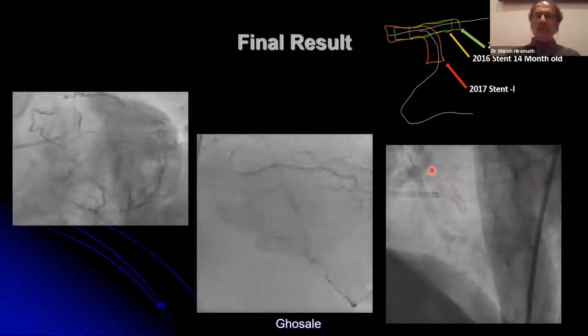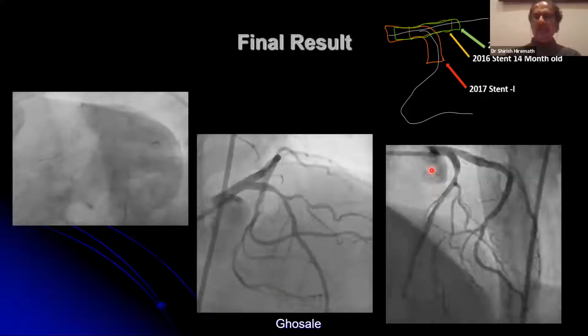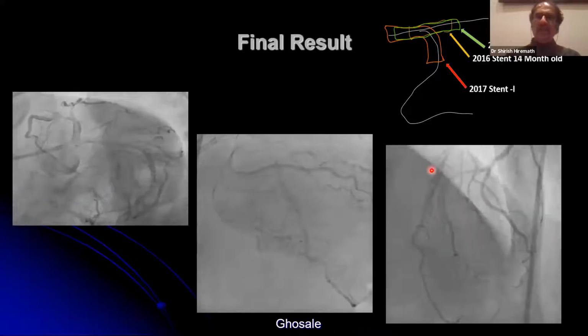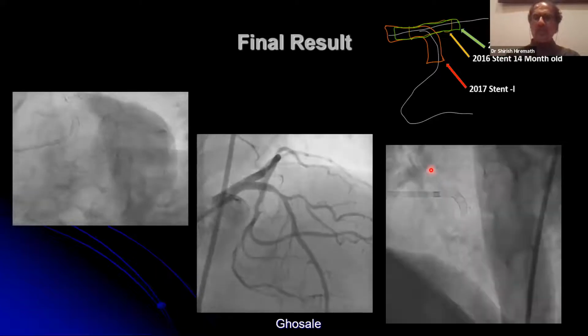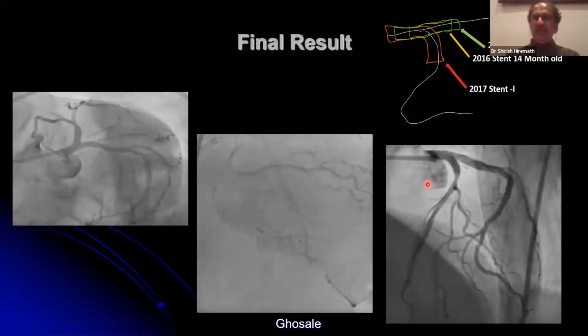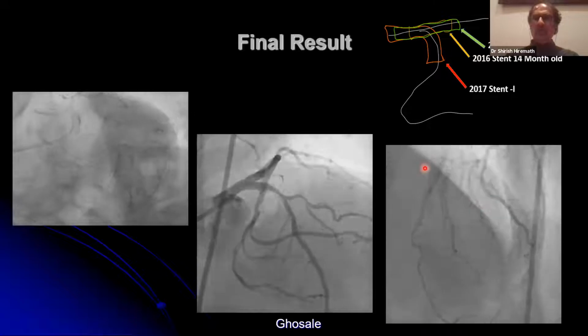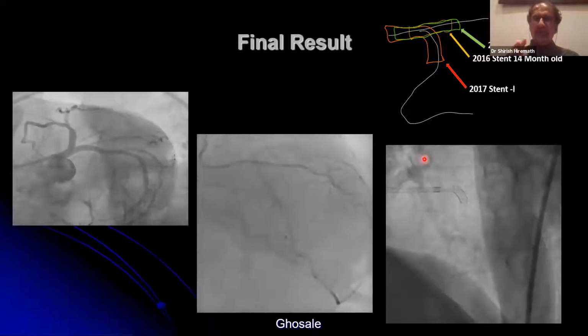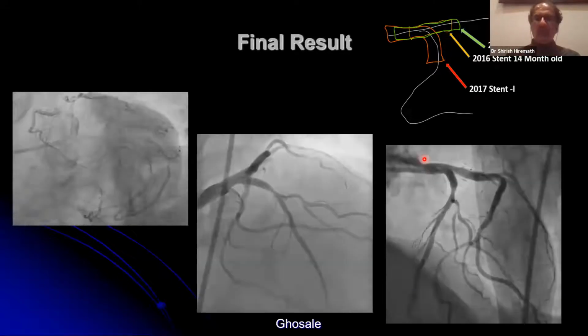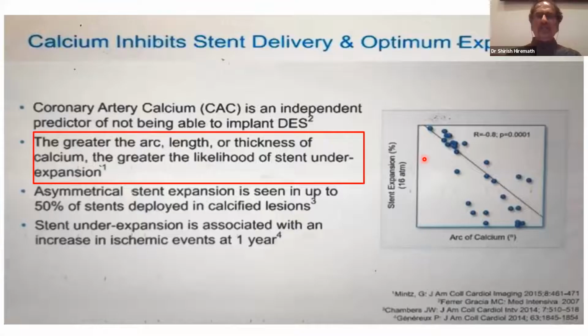So you go about 30-40 degrees LAO, 30-40 degrees cranial, and that shows the ostium of the left main the best. So this view must be used when you want to deploy the left main stent at the ostium of left main. So this is what we call a delayed culotte, delayed double culotte.